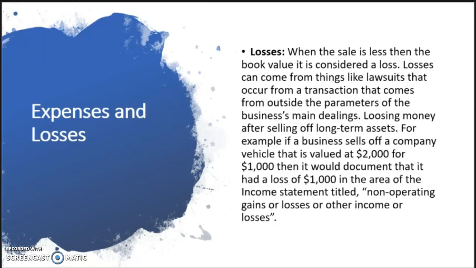For example, if a business sells off a company vehicle that is valued at $2,000 for $1,000, it would be documented that it had a loss of $1,000 in the area of the income statement titled Non-Operating Gains or Losses or Other Income Losses.